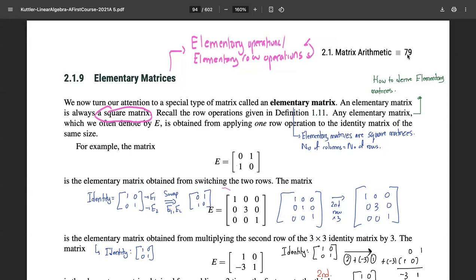Elementary operations, we utilize these operations on equations. Equivalently, when we take the augmented matrix of a system of linear equations, and once we have the augmented matrix, if we utilize the corresponding row operations for each elementary operation, that's an elementary row operation.